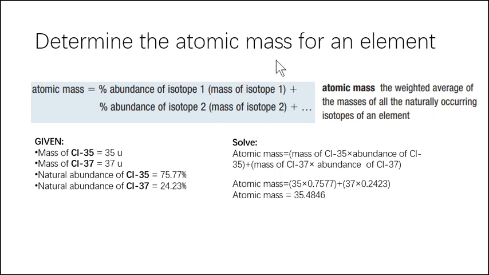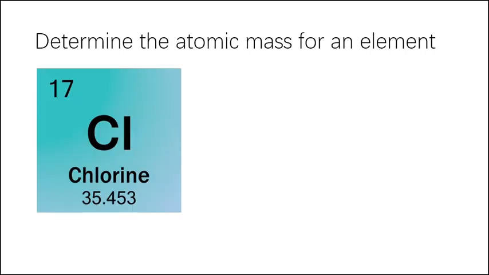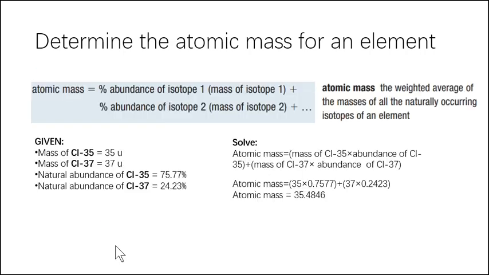And this calculation gives the atomic mass. And that's how isotopes and atomic mass are connected. And in this case, we just substitute the numbers and find that the atomic mass of chlorine is 35.4846, which is a bit different than this value, and that is because we use data from different databases.